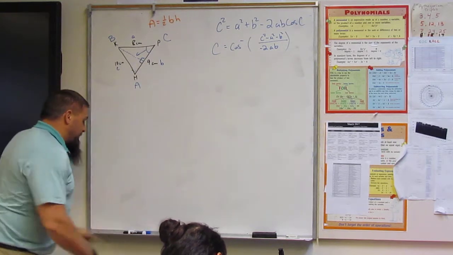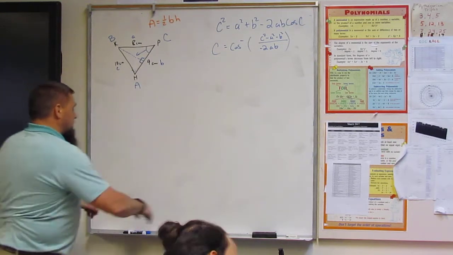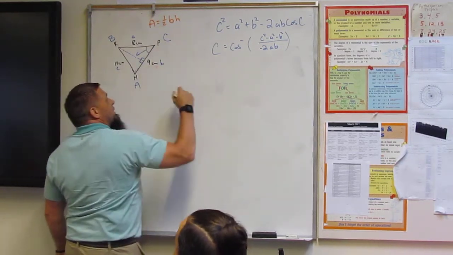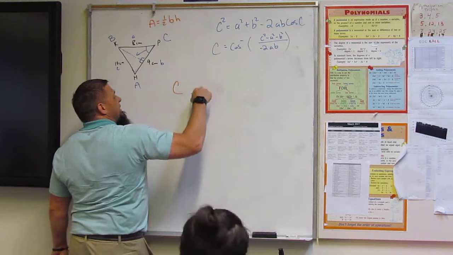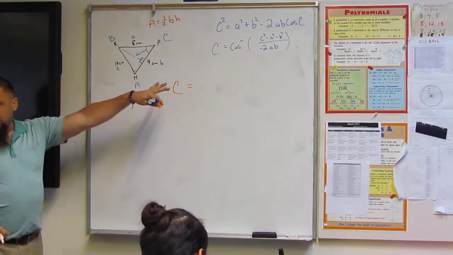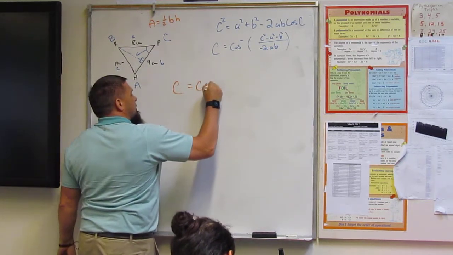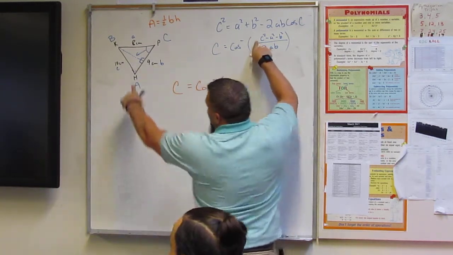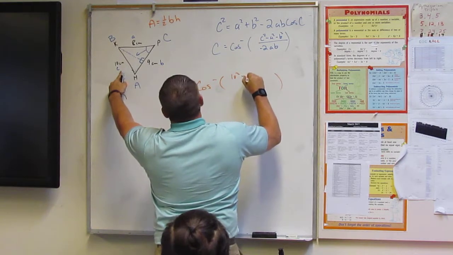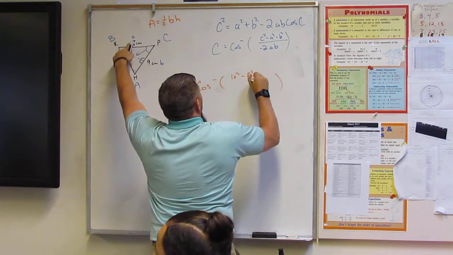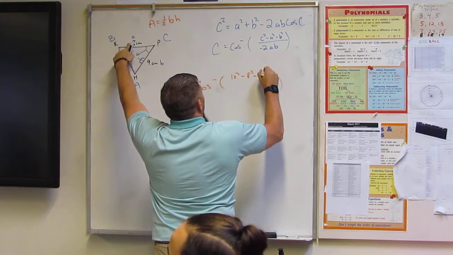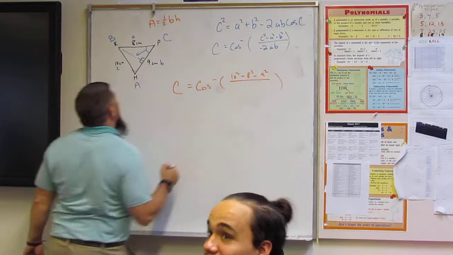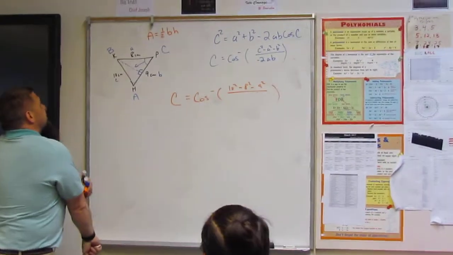Alright, so once I find C, I'll be good. Okay? So I have big C, right? Big C is equal to the cosine inverse of 10 squared minus 8 squared minus 9 squared, all over... Let me make sure that's right.